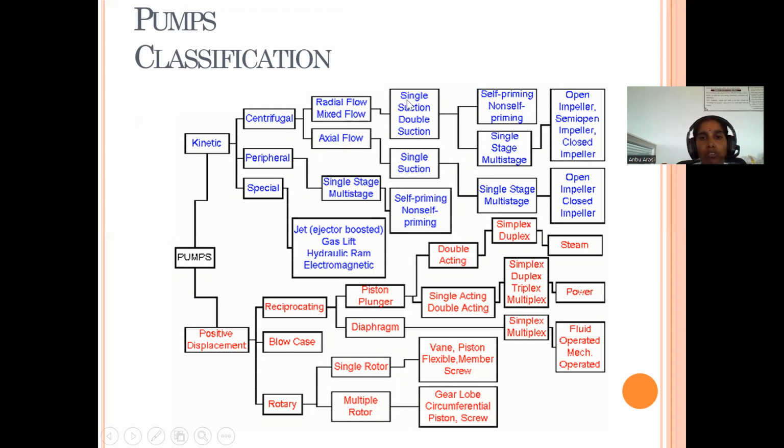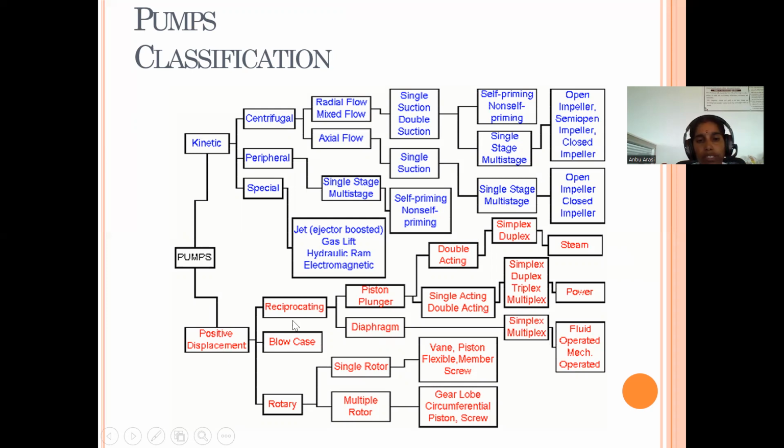Radial and mixed flow pumps are single suction and double suction. Axial flow is a single suction pump. Double and single suction pumps are again classified into self-priming and non-self-priming, then single stage and multi-stage, and then open impeller and closed impeller.